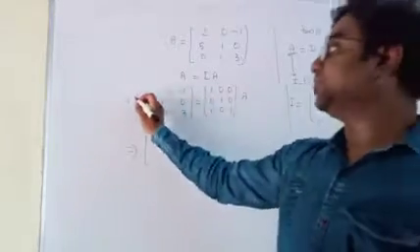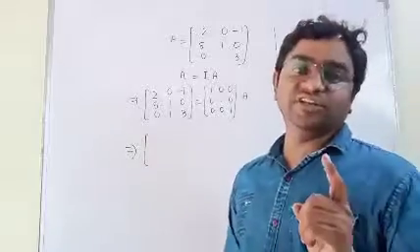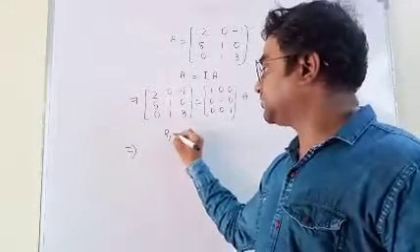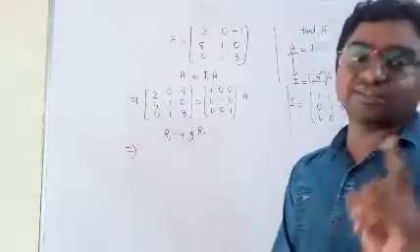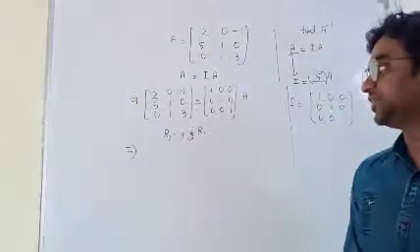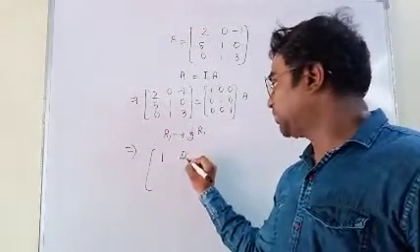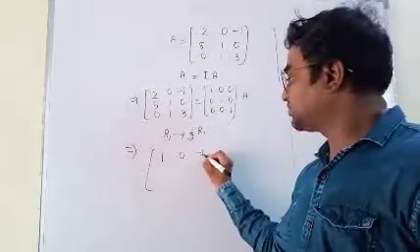Here we will divide by 2 because this is 2. What we need is 1. So we write R1 tends to 1 by 2 times R1. It means dividing the value of R1 by 2 gives 1. It will become 1, 0/2, which I write directly as 0, and minus 1/2.